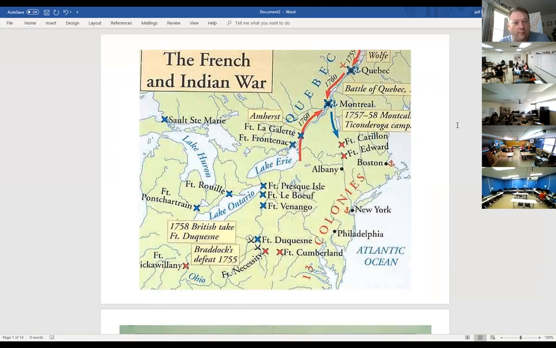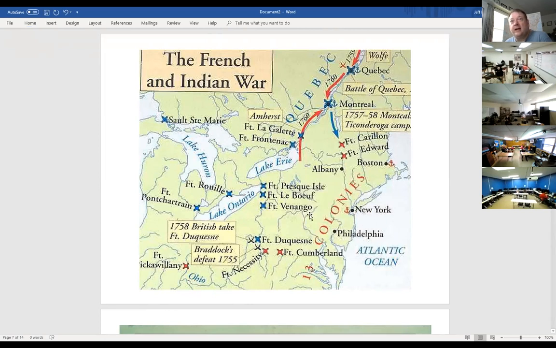They were not sending over people to establish colonies and settlements. Primarily, it was fur traders and explorers, and they did not build towns and villages. They built primarily forts. And so I showed you the line, and now you can see here, here's Philadelphia, here's New York.